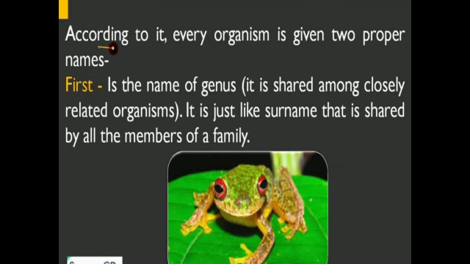It is just like a surname that is shared by all the members of a family. The surname which we share among all the members of a family is like the genus; it is the first name. Similarly, organisms that are closely related share the same genus.